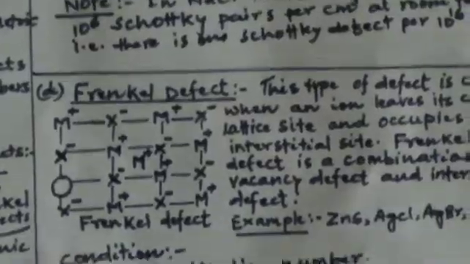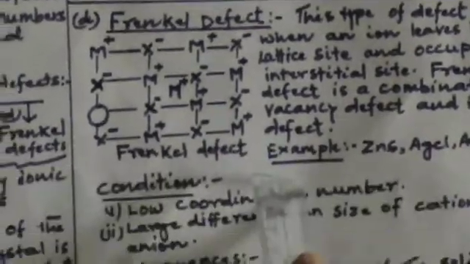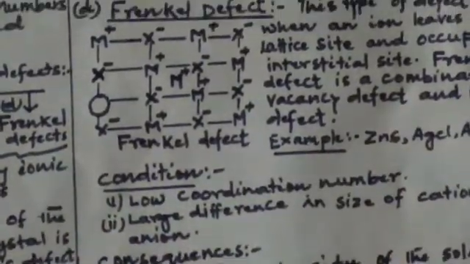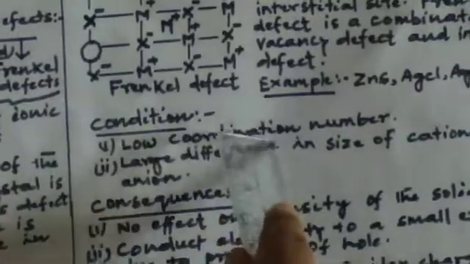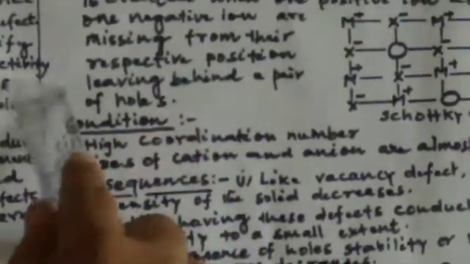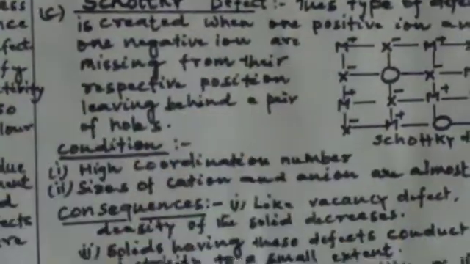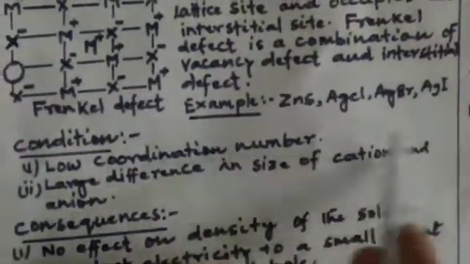Opposite to the Schottky defect, the coordination number of the compound, the ionic crystal, should be low. In Schottky defect, the condition was high coordination number. Here the low coordination number is the criteria. And second one, in Schottky defect, cation and anion are of comparable size. Here, there is a large difference in the size of cation and anion.